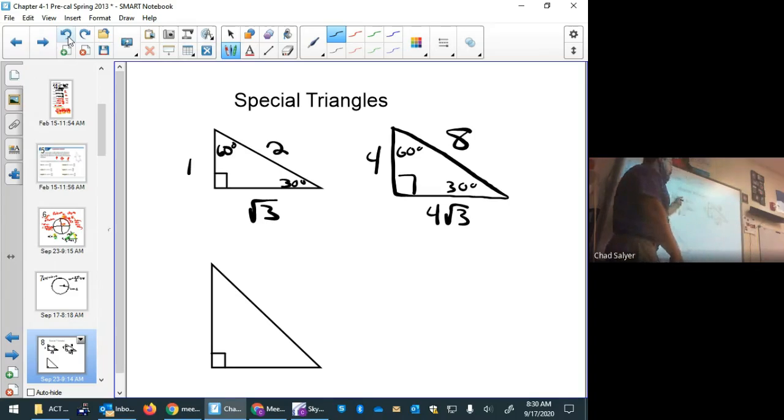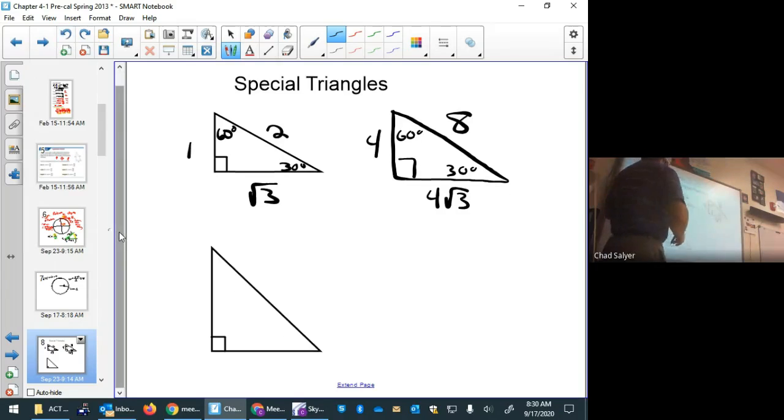So the hypotenuse will be twice as long as the shortest side, and the longest side will be the shortest side times the square root of 3. So the similarity tells us the ratios persist. Now, they won't be exactly the same, but they will have predictable ratios. Questions about this? All right, cool. And remember, similarity is that symbol there. So any similar triangle will have those ratios.